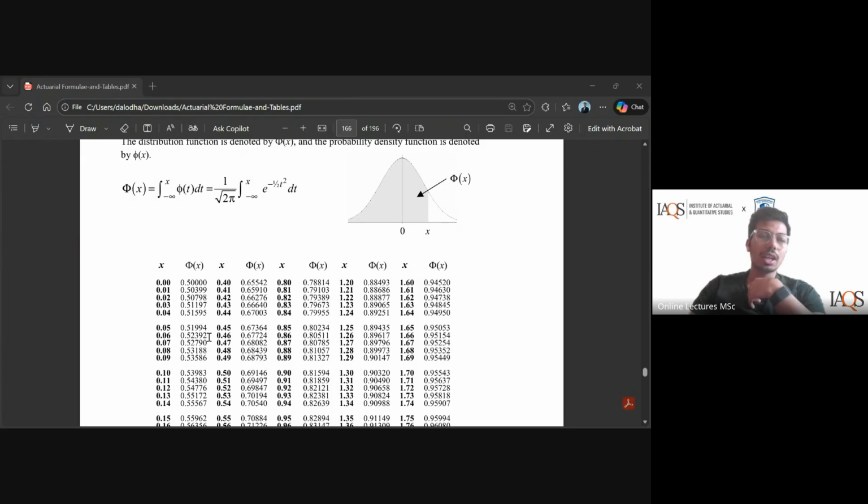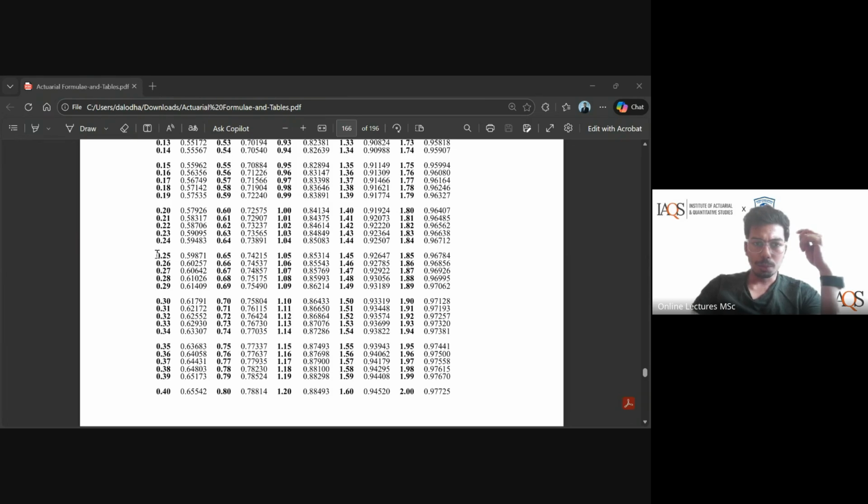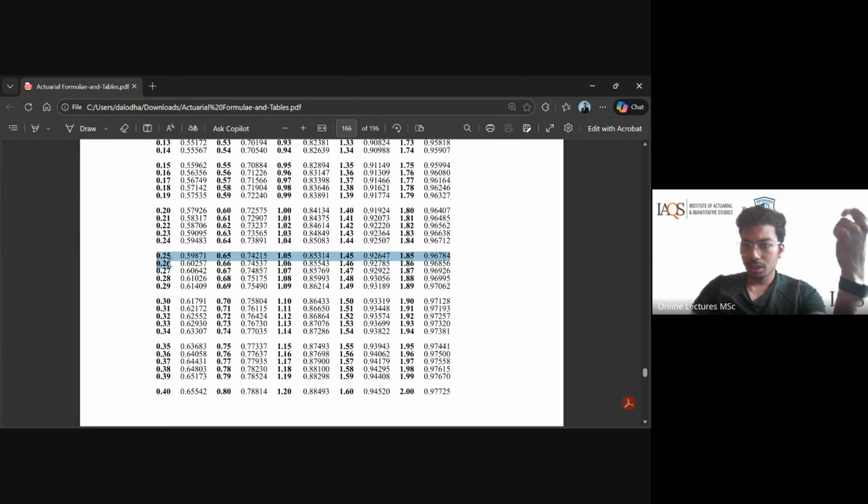So let's say if I give you the answer of delta as 0.6, you know the value of D1 is somewhere between 0.25 and 0.26. So you'll interpolate not for this, but for the bold values. That is how you'll calculate phi inverse. So if I tell you the value of delta for the option is 0.6, I'll give you everything and ask you to calculate the strike price. You know phi inverse of 0.6 is going to be somewhere between 0.25 and 0.26.